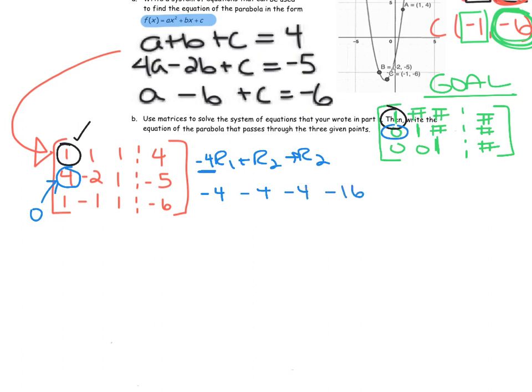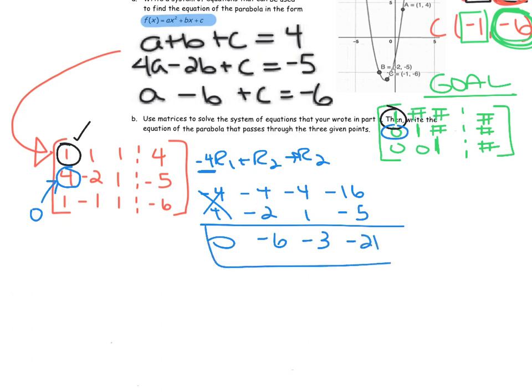and I add it to the second row of 4, -2, 1, and -5, look what's going to cancel. This is going to cancel out to a 0, which is exactly what we wanted. And now I'm just adding vertically. All right? So let's write that out. This is our new row 2.